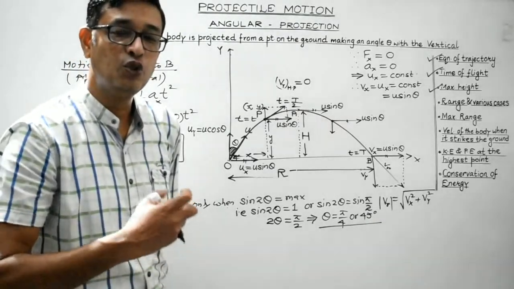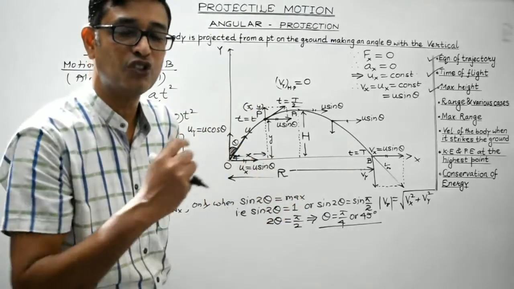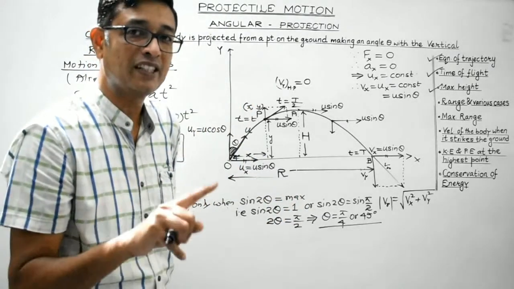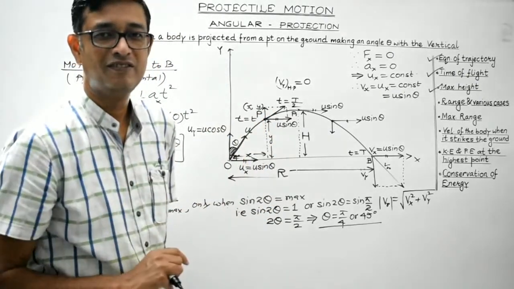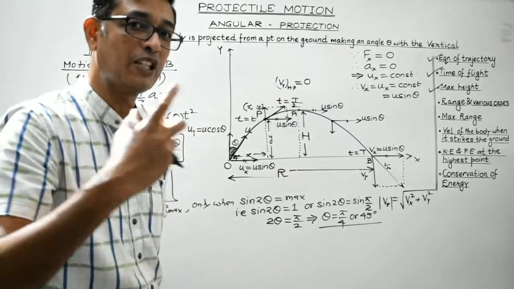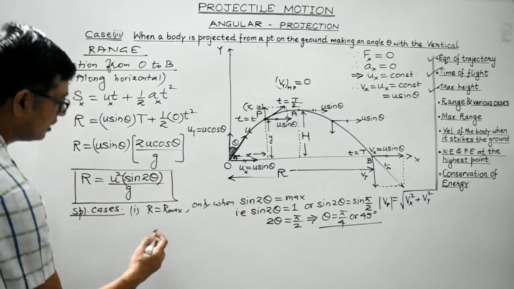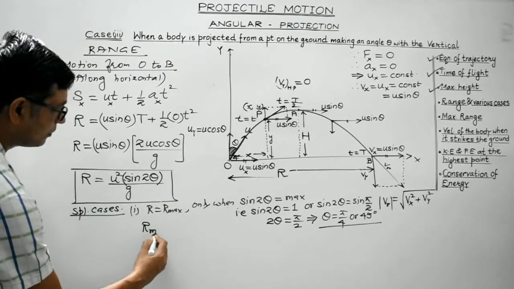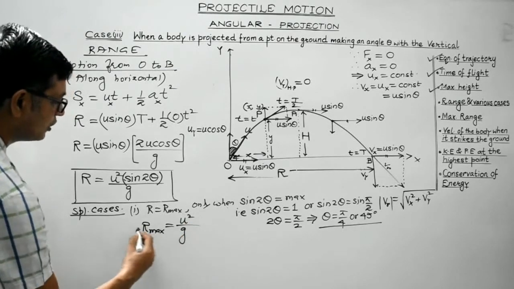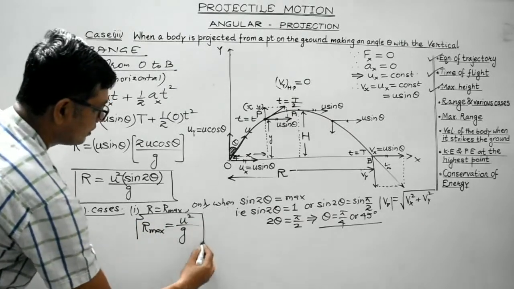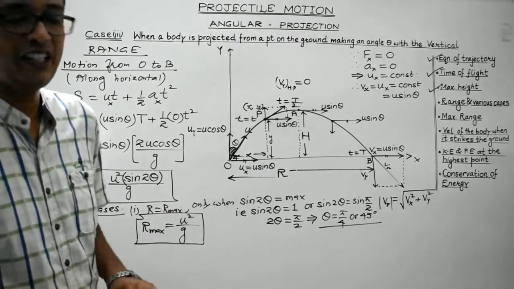So what we have concluded is, for a projectile to have maximum horizontal range, it should be projected at an angle of 45 degree with either vertical or with horizontal. Clear, students? And what about the expression for the maximum range? If you substitute the value of sin 2 theta as 1 over here, then the expression for the maximum range would be u square divided by g. So this is the expression for the maximum range, right?